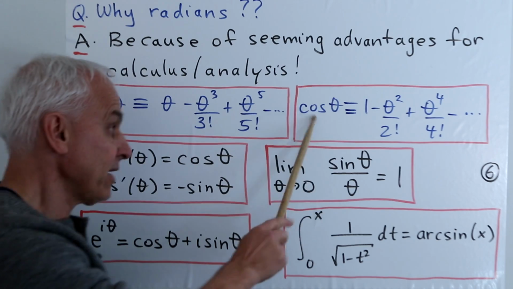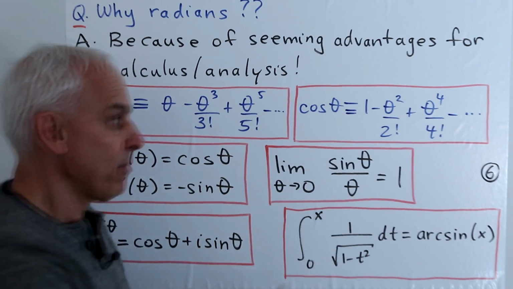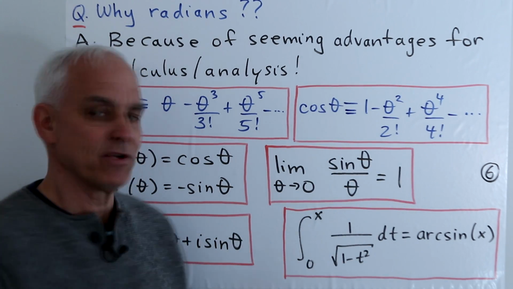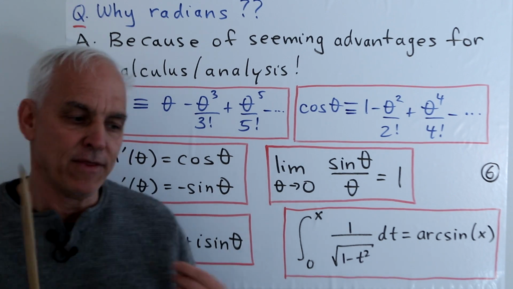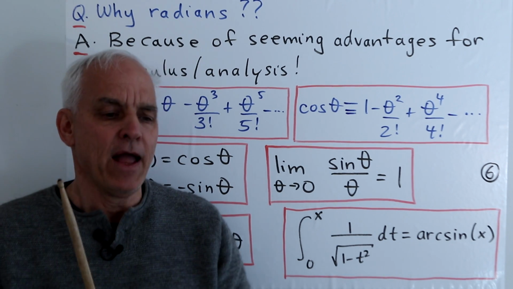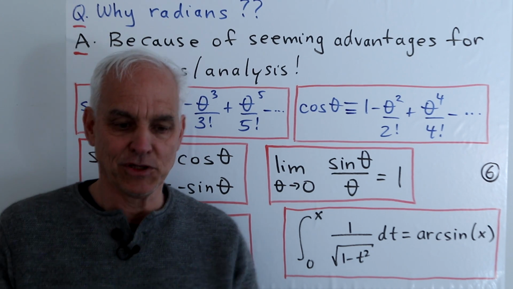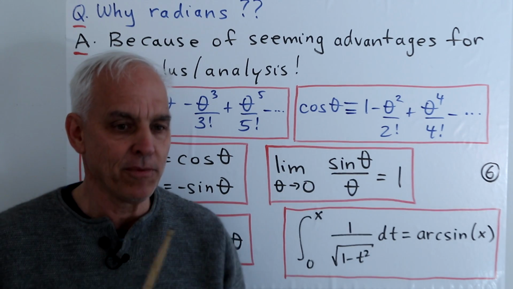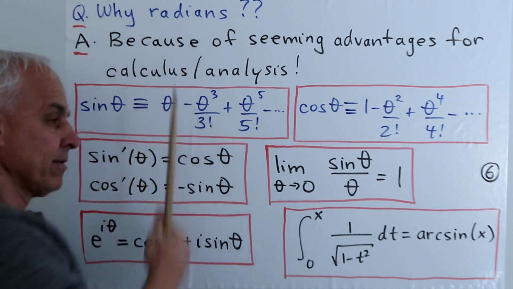And cosine theta is 1 minus theta squared over 2 factorial plus theta to the 4th over 4 factorial minus theta to the 6th over 6 factorial plus and so on. These are, again, infinite, and they are interpreted in the modern framework as functions. So you take a real number, an infinite decimal, and you plug that infinite decimal into here.